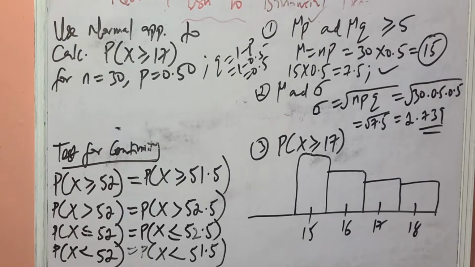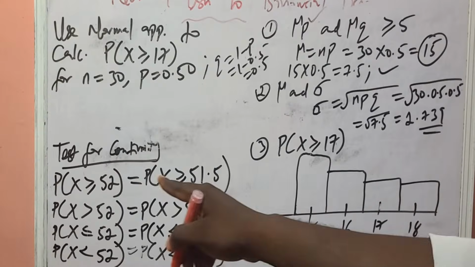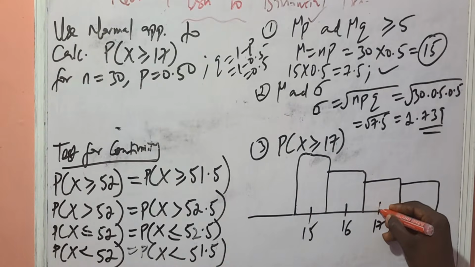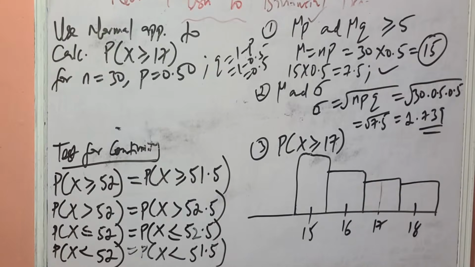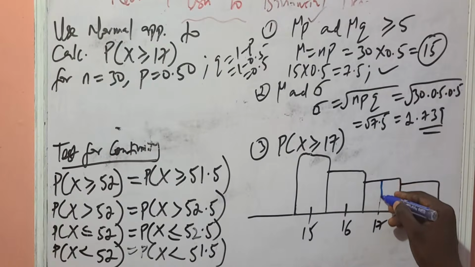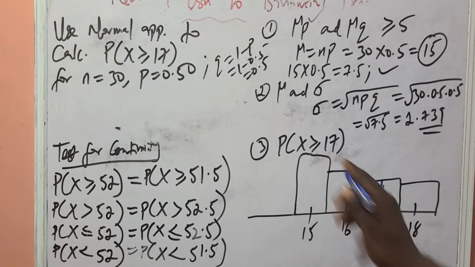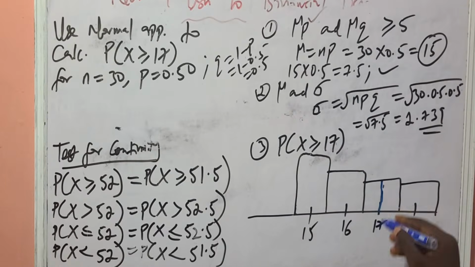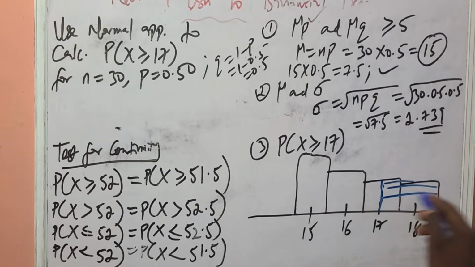Just similar to what I explained earlier, look at what's going on here. If you were told to find the probability of x greater than or equal to 17, and you said you want to start from exactly 17, remember that when we are finding probability, we are looking for area. So if you just start from 17, that is the area you'll be dealing with.